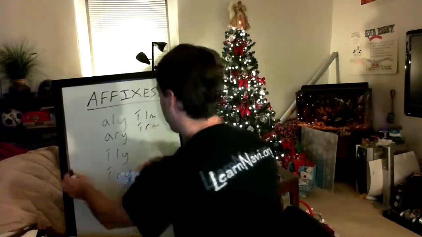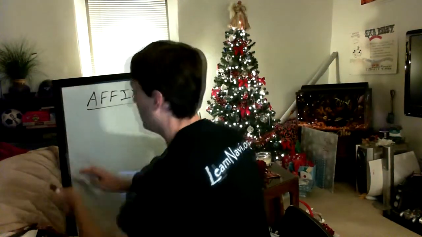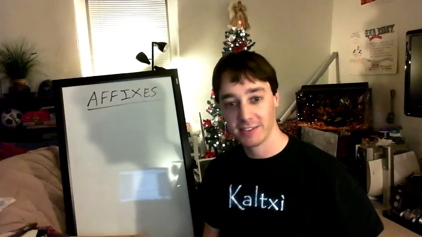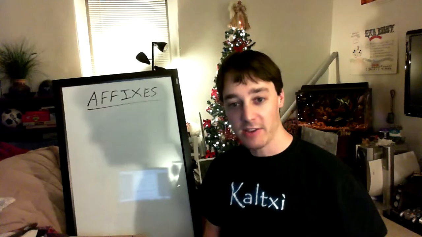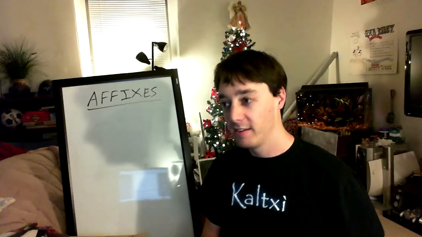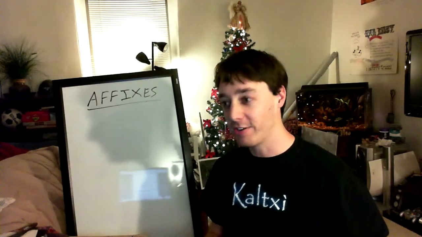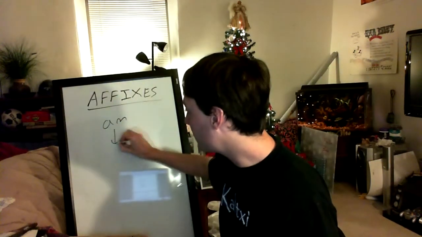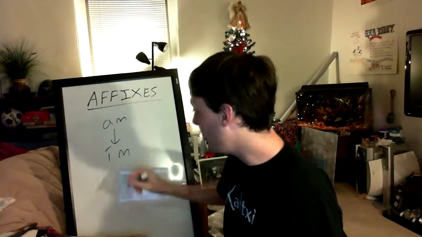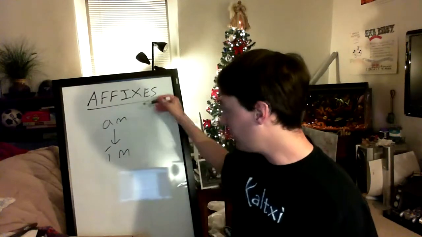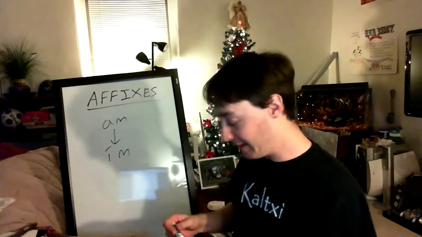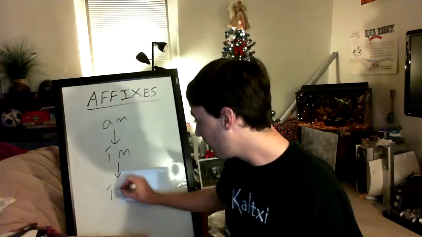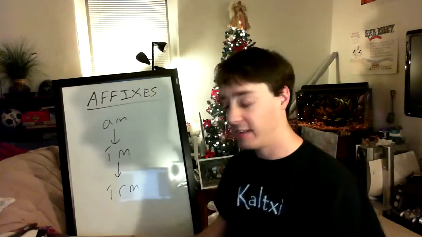So, we have now learned all of the tense and aspect infixes that the Na'vi language has. And you can see that they follow a very rigid structure. You have am goes to im, so this is past to recent past, and then let's say we add a perfect in there, and you get ilm.